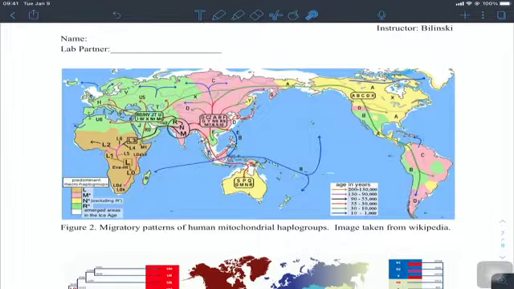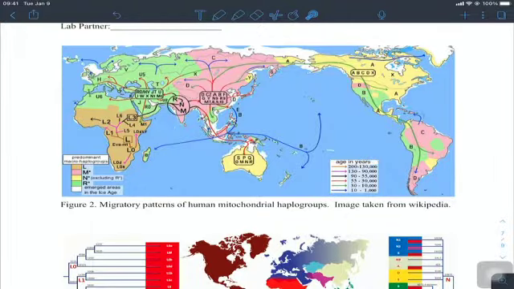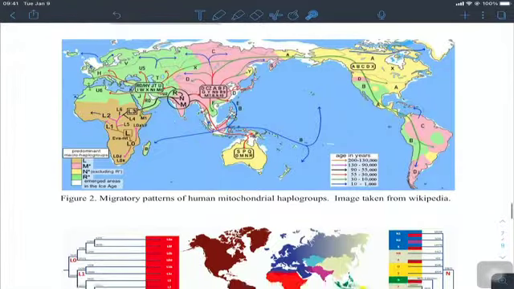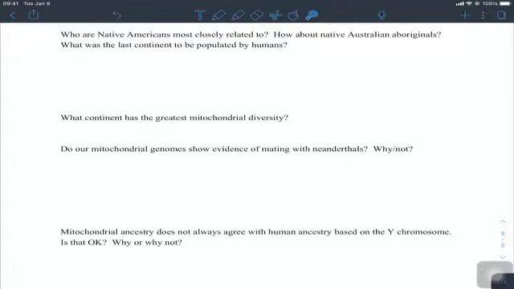So, since we can trace our ancestry back to a single haplotype, not distinct haplotypes, and that ancestry is traced within the last 200,000 years, Neanderthals separating from Homo sapiens well before 200,000 years ago, we can assume that we have no mitochondrial evidence for mating with Neanderthals.